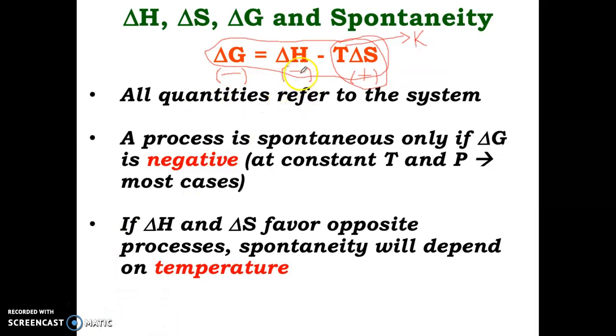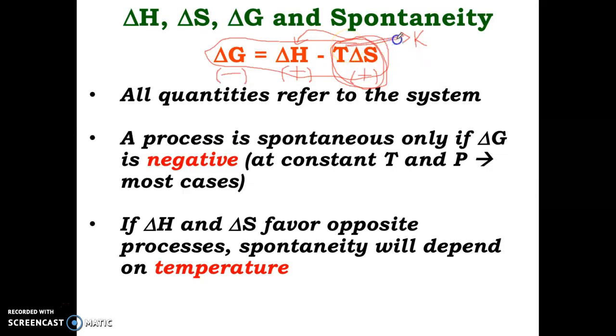So what if delta H is positive? If delta H is positive and delta S is positive, delta G is only going to be negative if this number right here is larger than this. When is this most likely going to happen? At a high temperature.